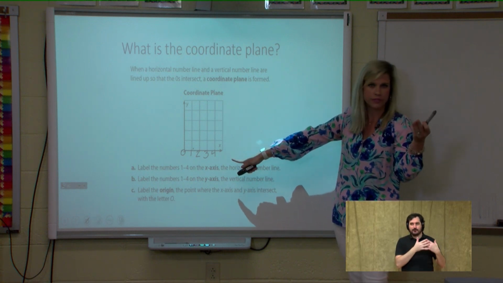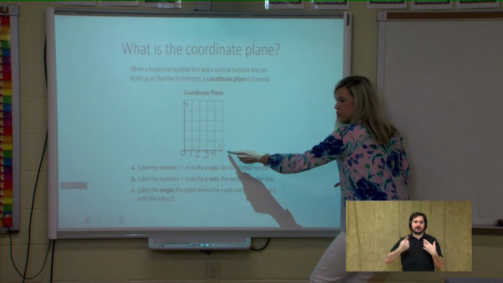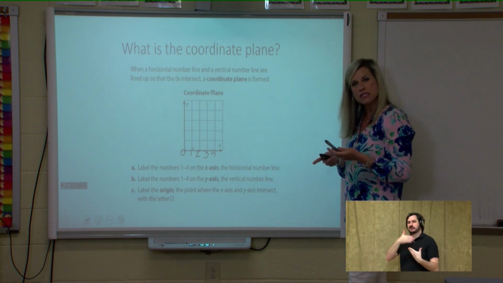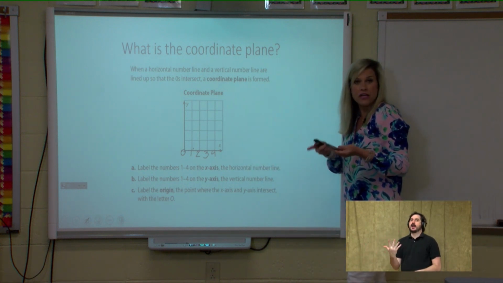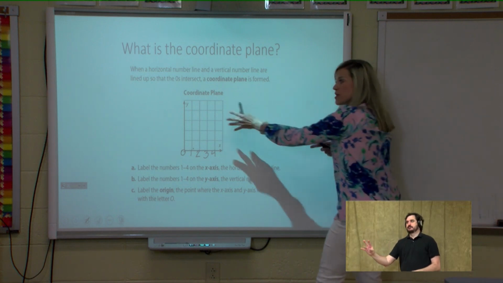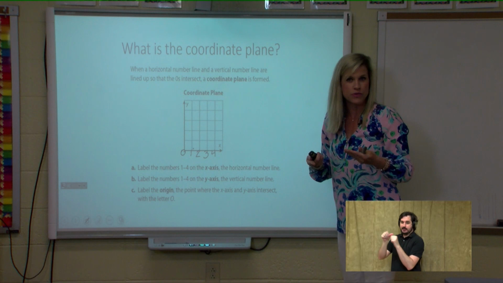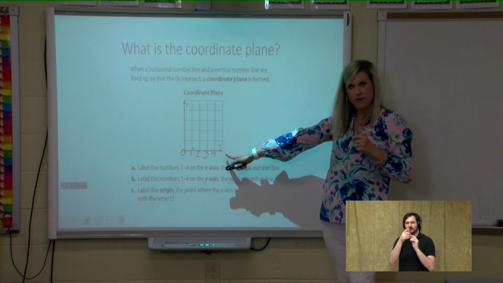They go on forever. So if I extended this number line out, the next part right here, what number would that be? Yeah, that would be a 5. And then we would continue to go. If this grid kept going, we would continue with our numbers. But for right now, we're going to stop at 4.